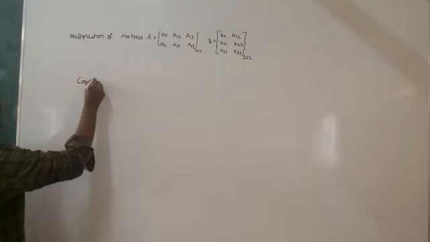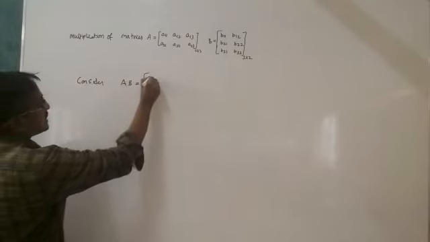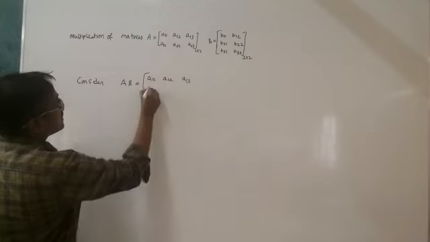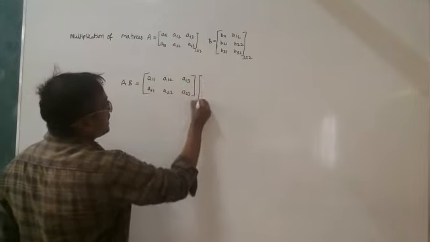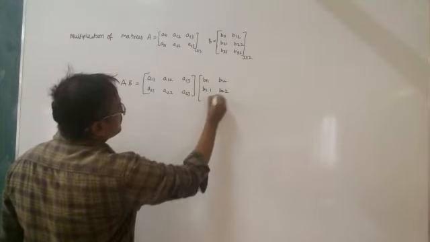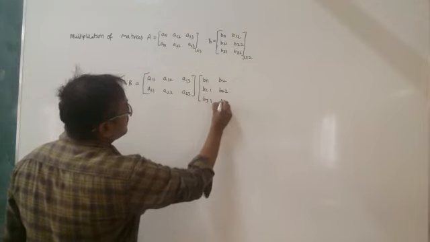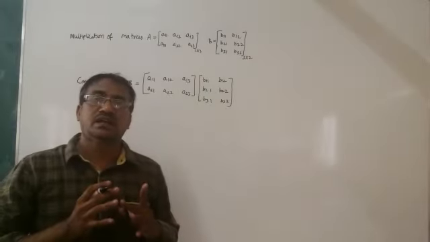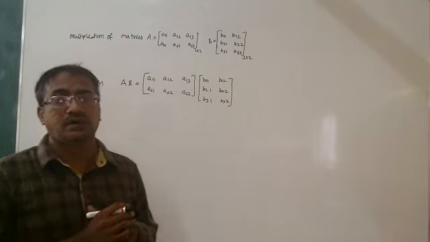So you have to write like this. AB is the product of matrices A and B, that is A11, A12, A13, A21, A22, A23 into the matrix B11, B12, B21, B22, B31, B32. You don't need to write any symbol between those two matrices. That is a very important point.